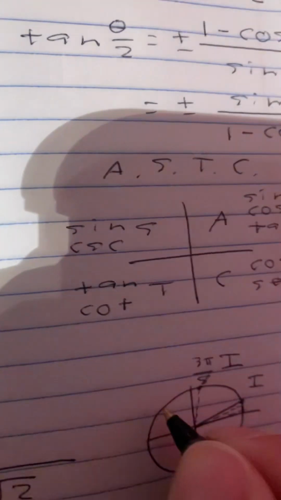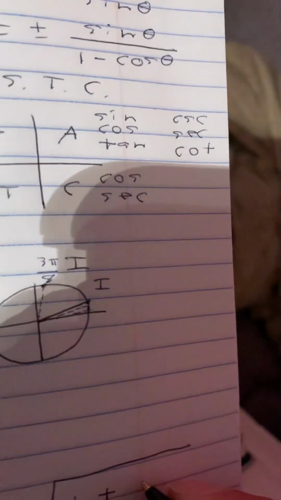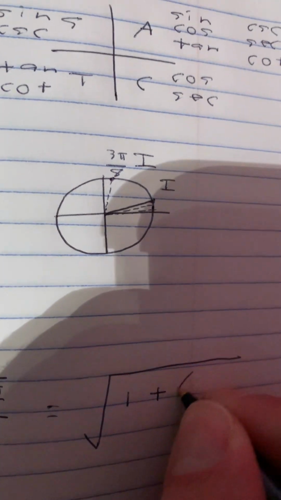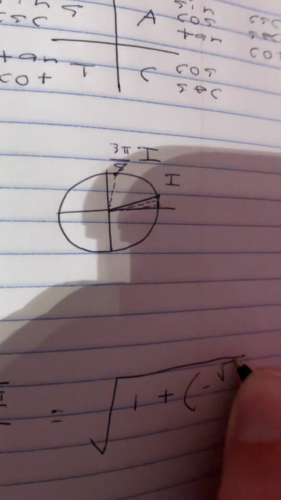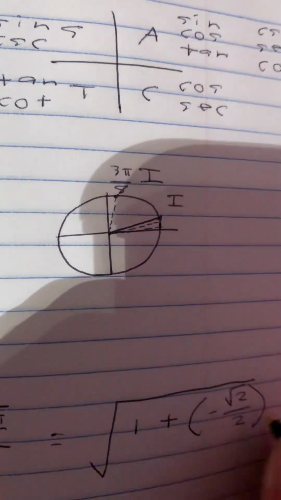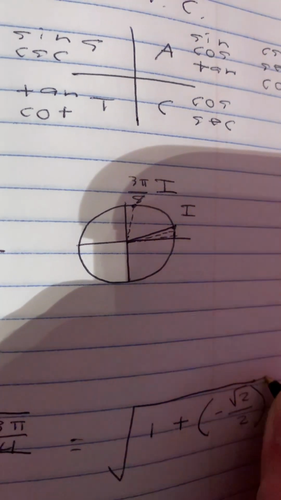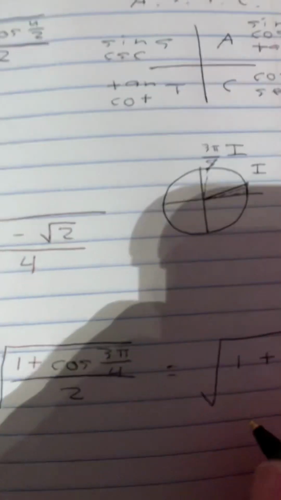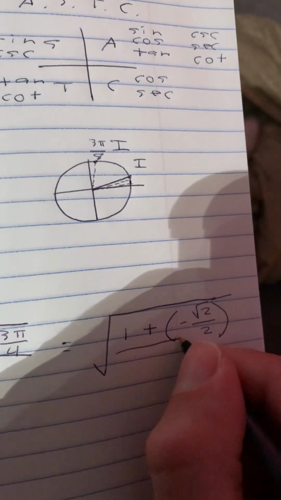And recall on the unit circle, and remember sine is equal to y, cosine is equal to x, this is really 1 plus a negative square root of 2 over 2, right? Because the cosine value would be negative in quadrant 2. And according to the trig identity, that's all over 2 inside the square root.